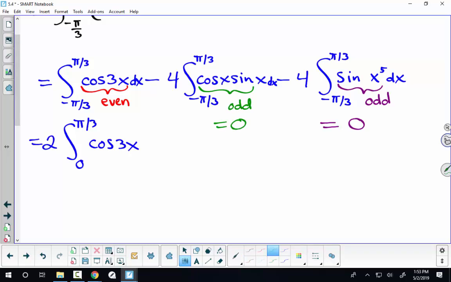So all of that stuff is just equivalent to calculating this integral right here. That's kind of the benefit. What is the antiderivative of the cosine of 3x?